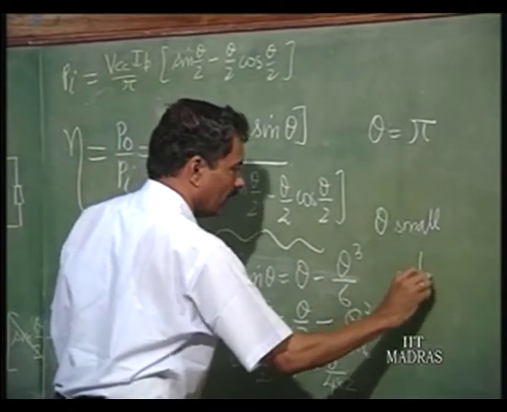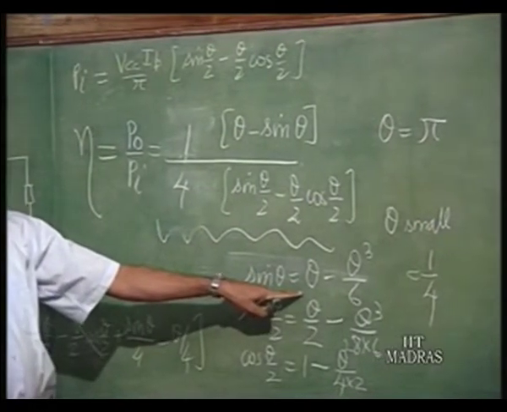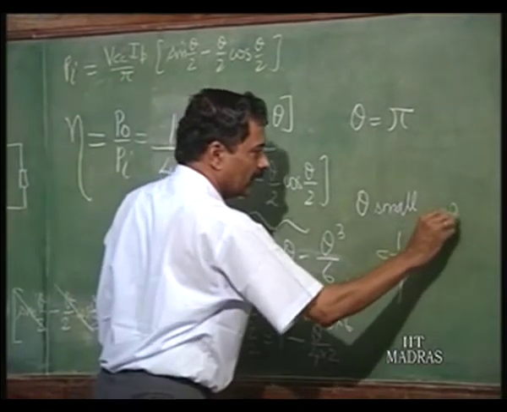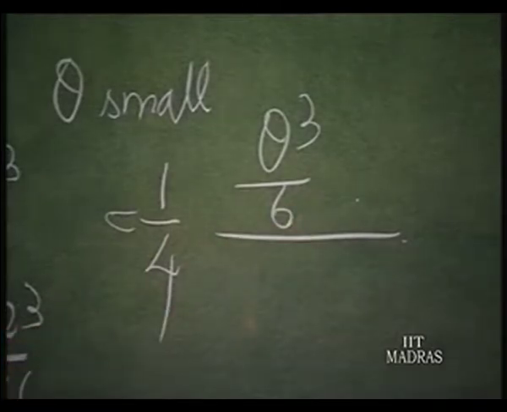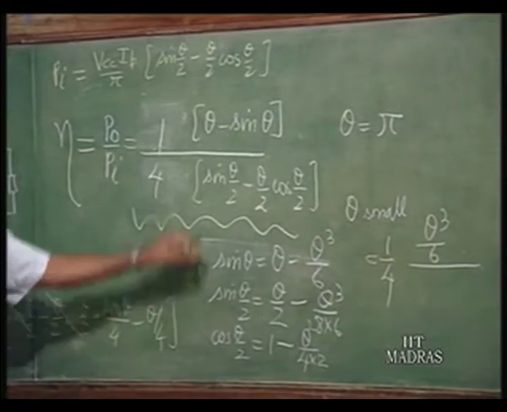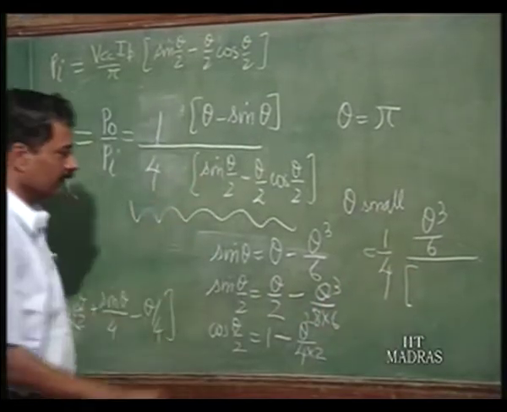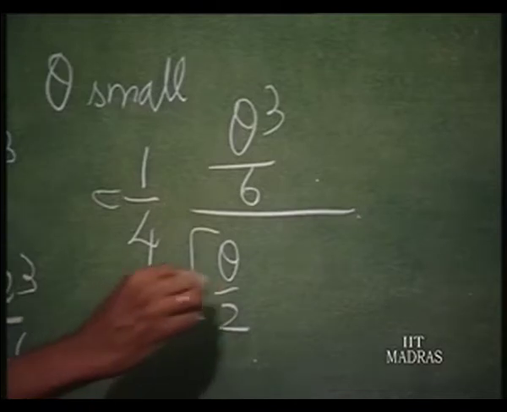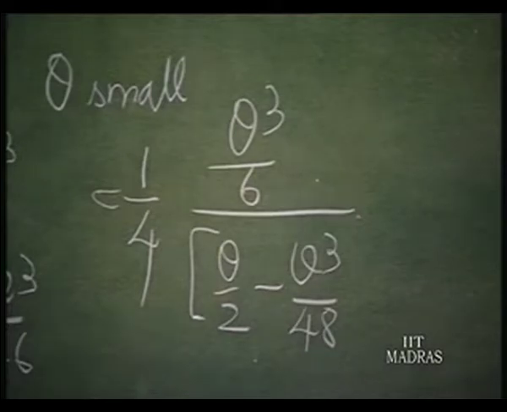this is 1 by 4 theta minus sin theta, okay, is going to be theta cubed by 6. Theta minus sin theta, theta theta get cancelled, theta cubed by 6. Then in the denominator sin theta by 2, which is theta by 2 minus theta cubed by 48, right, theta cubed by 48, right.